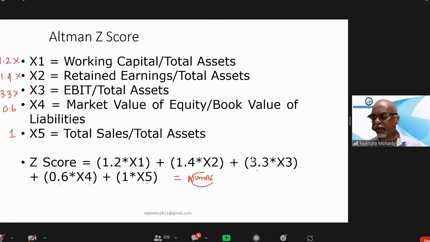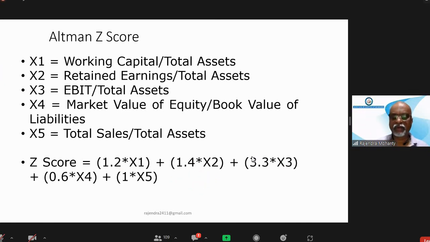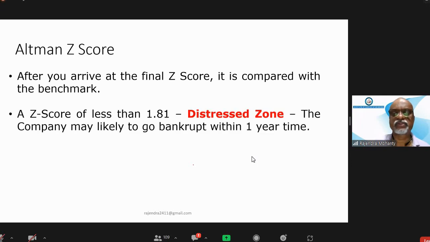This number is divided into 3 zones. The first zone: if the number is less than 1.81, it falls under the distress zone, meaning within a 1 year period there is a likelihood that the company may go into bankruptcy.